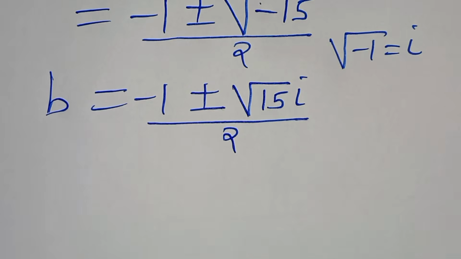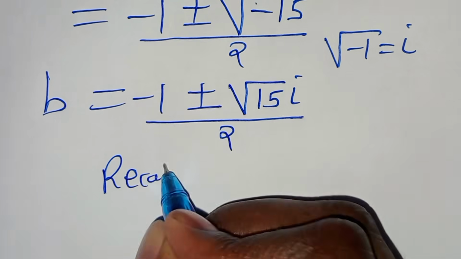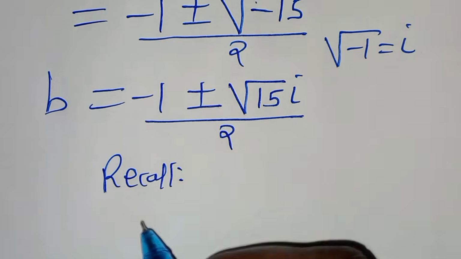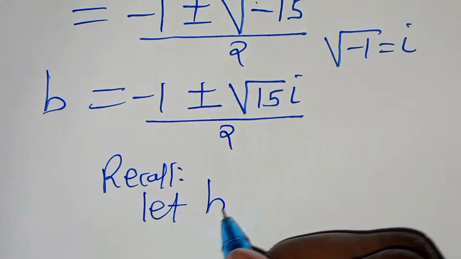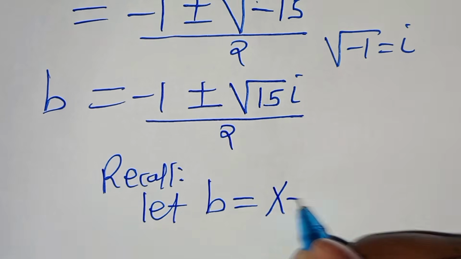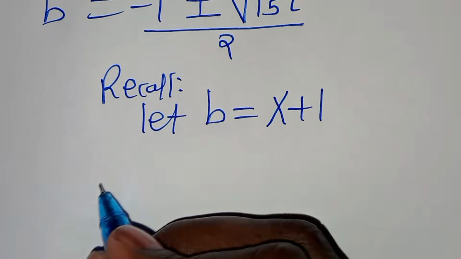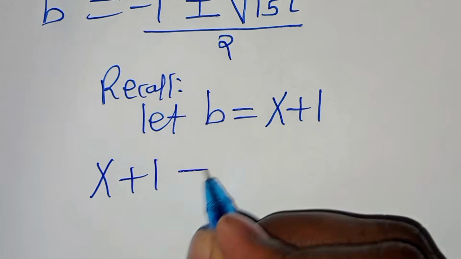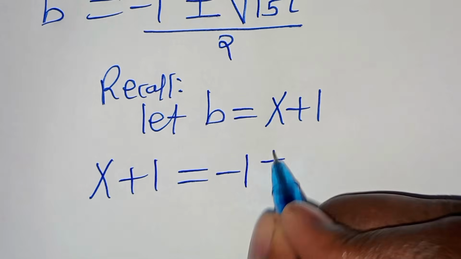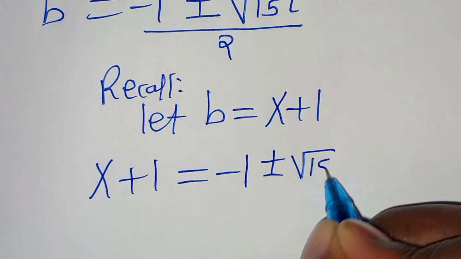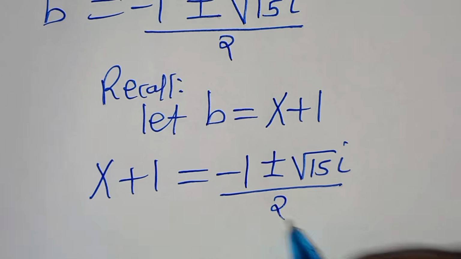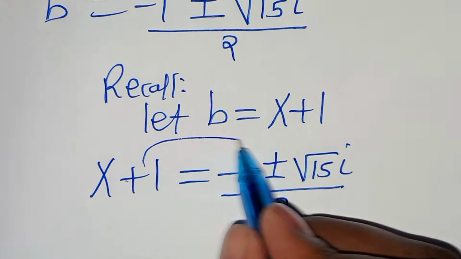Now, if you recall, we have seen that we let b be equal to x plus 1. So we have x plus 1 equal to minus 1 plus or minus the square root of 15i divided by 2. So let's take plus 1 to the right hand side.